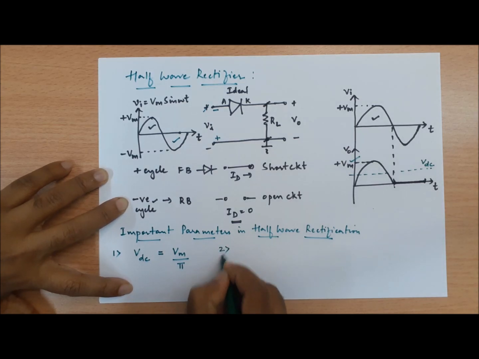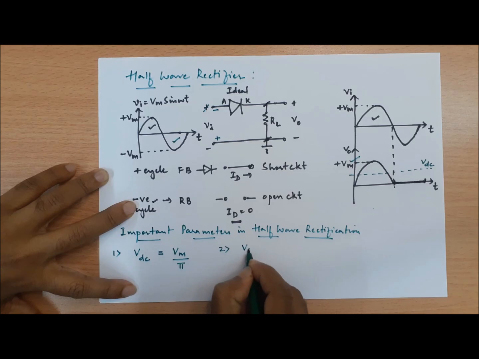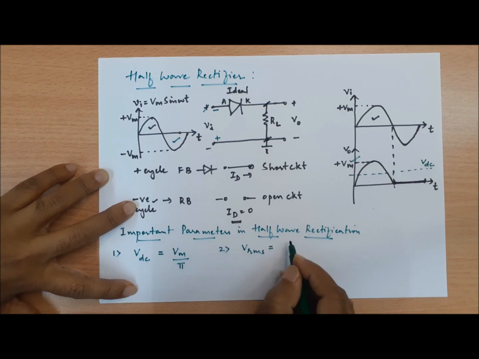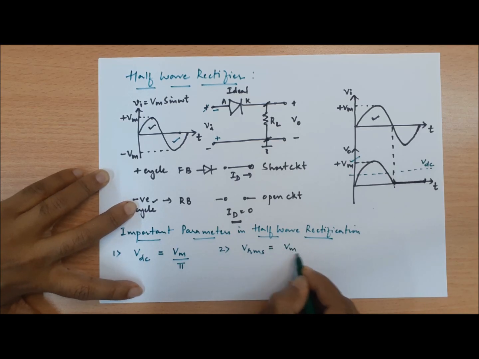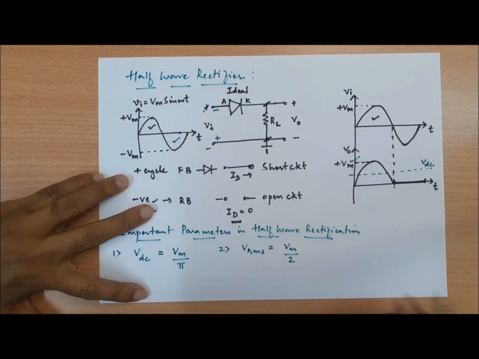Similarly, the second important parameter is VRMS. VRMS for a half wave rectifier circuit is Vm upon 2. What is RMS? RMS stands for root mean square value.